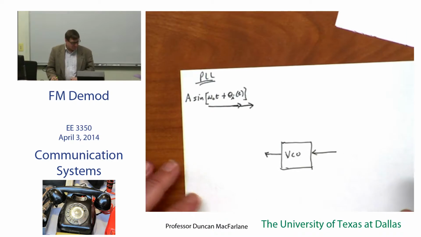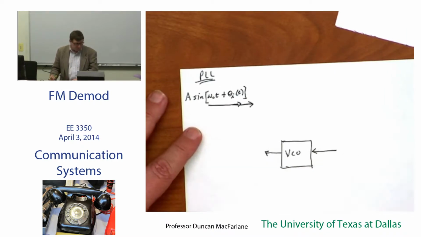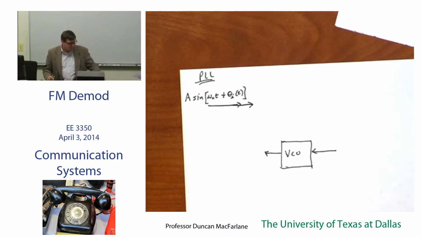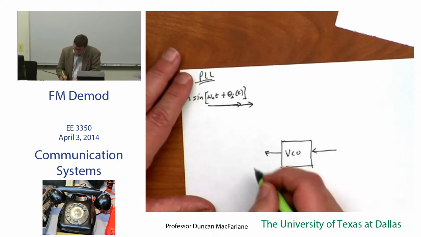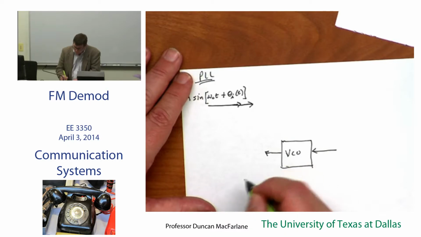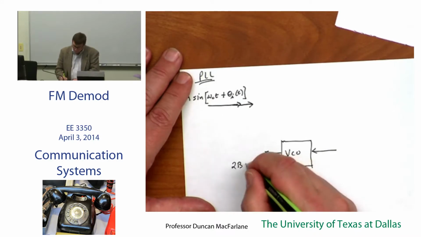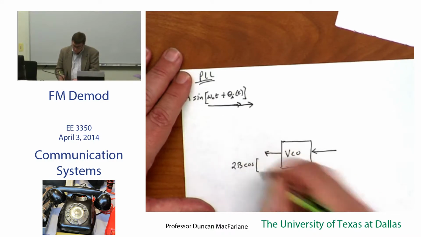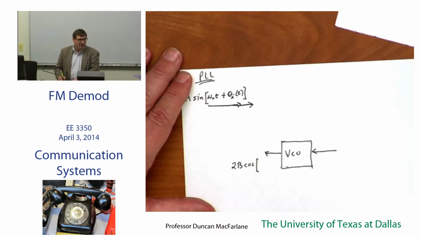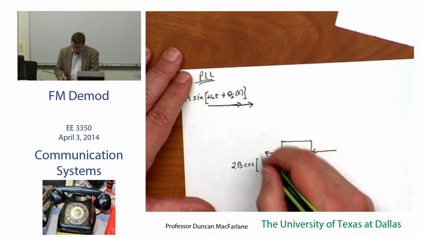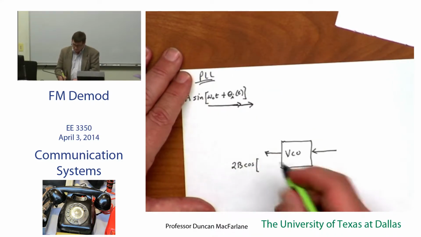Now I have to think a little bit about what I want to do with this guy here, and it's also going to be a sinusoid. So I'm just going to draw this as 2 times some amplitude B, and I'll have a cosine term. This is Latinoing the answer a little bit. It doesn't matter because we can adjust the thetas all day long.